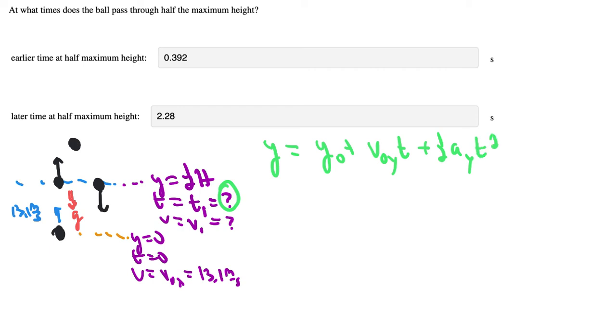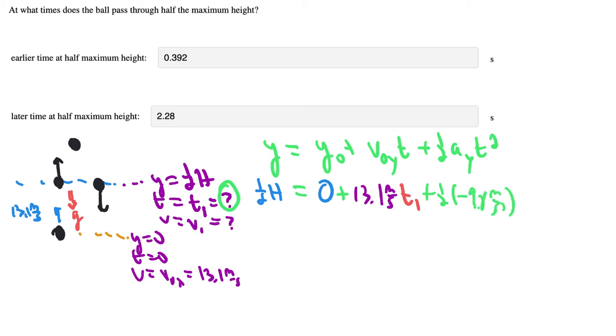And I'm going to plug in the moments that I know. So I know that I end up at 1/2 h. I know that I started at 0. I also know that I started with 13.1 meters per second times the thing I'm looking for, t1. And then I also know that I have an acceleration, which is minus 9.8 meters per second squared times t1 squared.